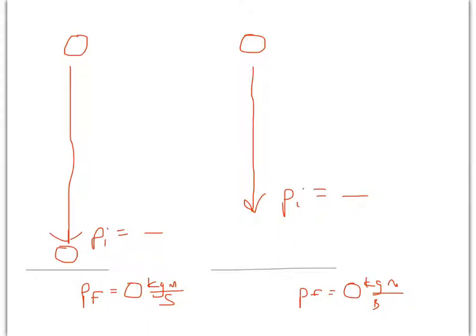Well, if you drop this egg straight onto the ground, it's going to break. Why is it going to break? Well, because it takes very little time for it to go from having initial momentum to no momentum, right? So the time is small, I'm sorry, all the way around. So the change in momentum here equals the change in momentum here.